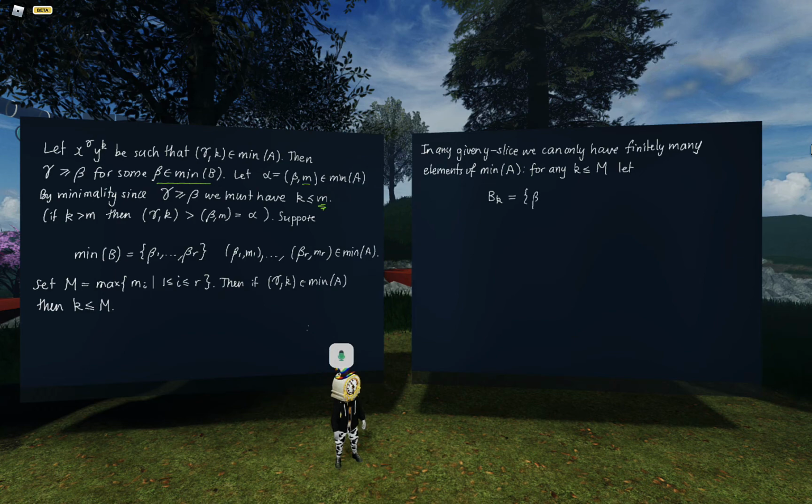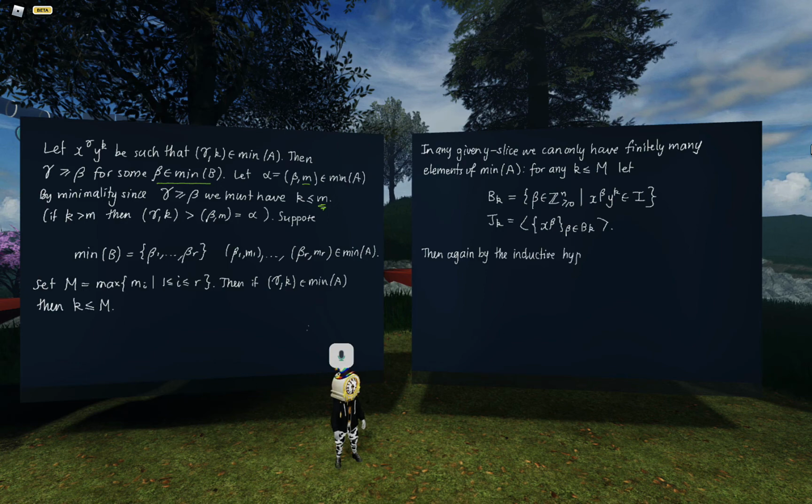So let me take the betas where x to the beta, y to the k is in I, and let jk be the ideal generated by those. Then again, by the inductive hypothesis, min bk is finite.